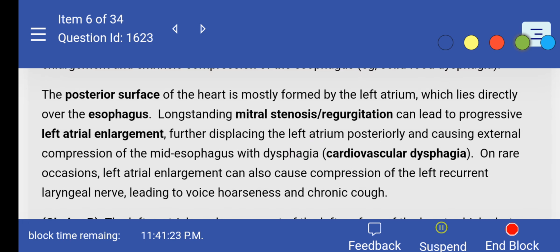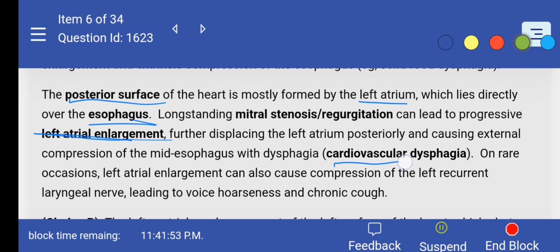The posterior surface of the heart is mostly formed by the left atrium. This is important, as I talked about, which lies directly over the esophagus. Long-standing mitral stenosis or regurgitation can lead to progressive left atrial enlargement, further displacing the left atrium posteriorly and causing external compression of the mid-esophagus with dysphagia.